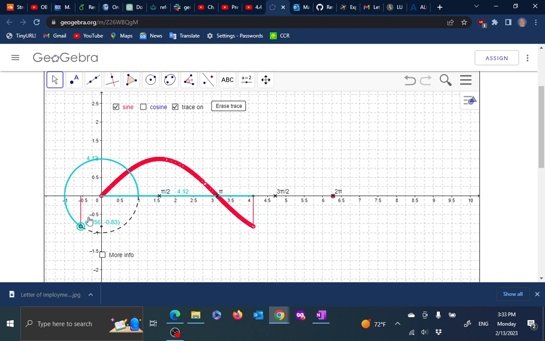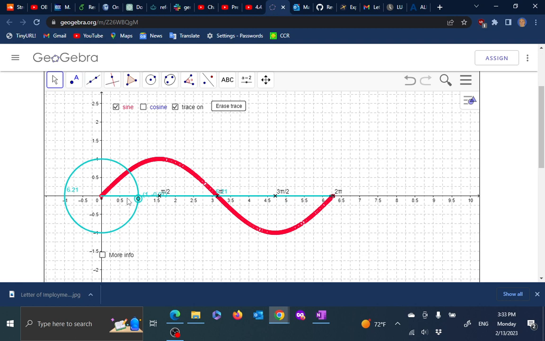My angle is increasing. By the time I come to 3 pi over 2, my sine is minus 1. As I keep going, I'm going to hit 2 pi. At that point, sine is equal to 0.